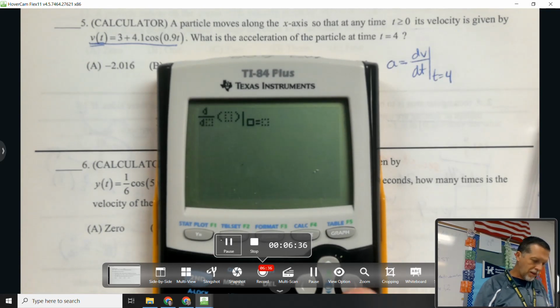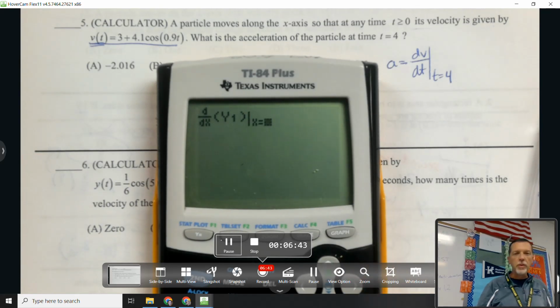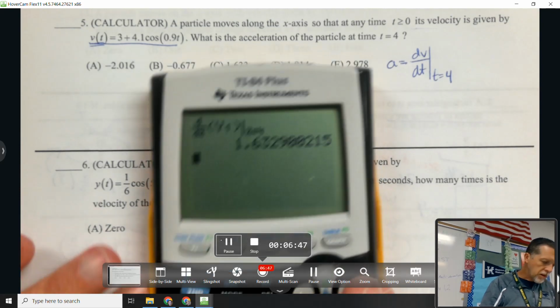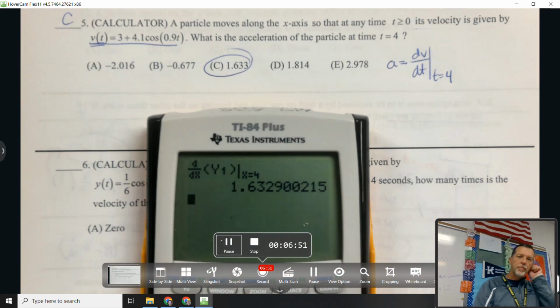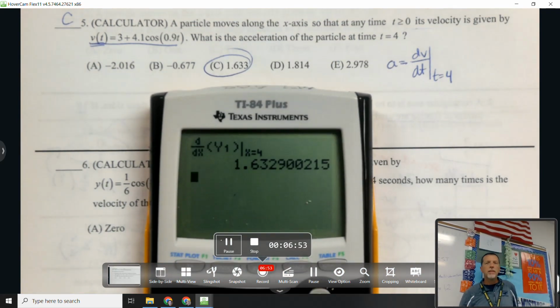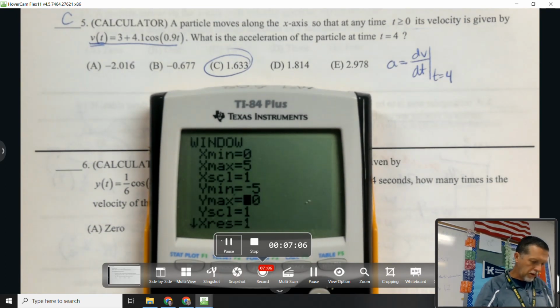Math 8, nDeriv. So I put that in for y1. So I want the derivative of y1 at x equals 4. 1.633. On one that's so straightforward like that, I probably do it on the main screen. If you want to do it on the graph, you can. Window's a little messed up from earlier.